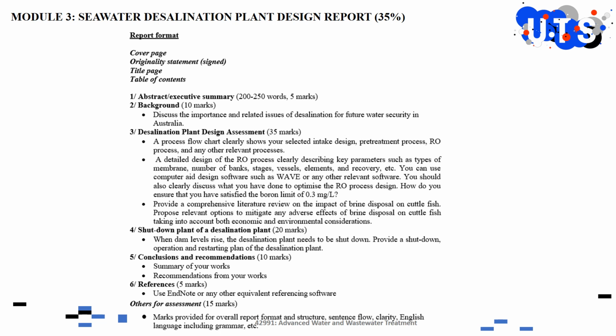Providing a shutdown and restarting operation plan of the desalination plant is also very important. You can think about how to handle this kind of planning and conclude, and make a very professional report, and you can finalize the 3 modules of your assignment.